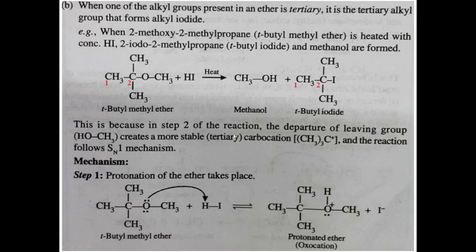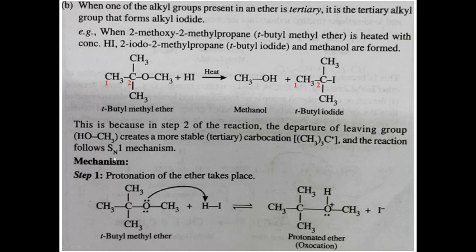Here, in step 2 the departure of the leaving group, an alcohol, creates a more stable carbocation. The formation of the carbocation means the reaction follows an SN1 mechanism, whereas in the previous case it was SN2. In SN1, a carbocation is formed, and the nucleophile attacks the more stable carbocation, which is why we get tertiary alkyl iodide.